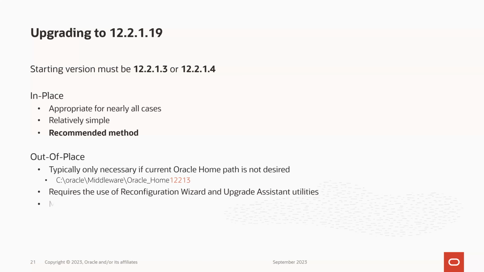There are some cases where an out-of-place upgrade is necessary. For example, if your Oracle home or any part of the path has something in it you want changed, you want to locate the Oracle home somewhere other than where it was previously, you could leverage this out-of-place upgrade and relocate the Oracle home. There is a downside to using that. One, you have to use these two utilities that I have mentioned here.